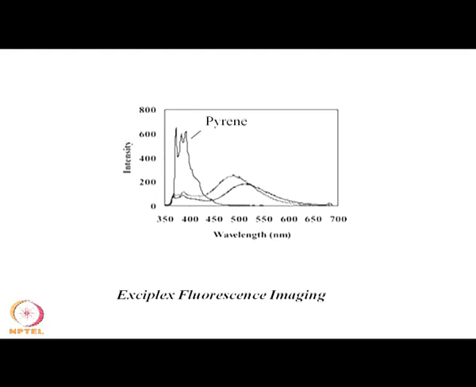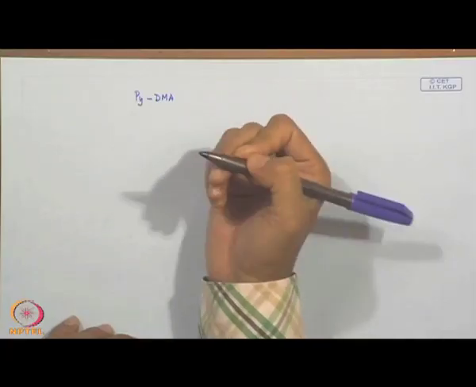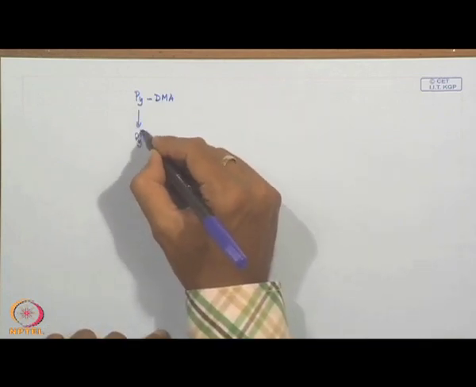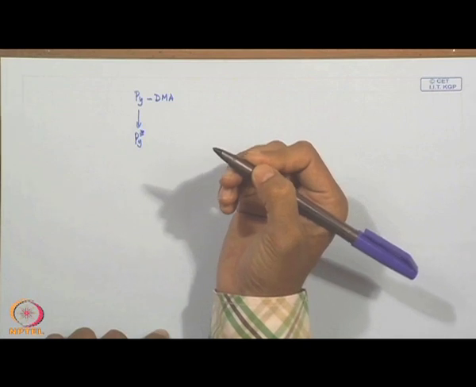In this pyrene DMA case, although pyrene in the ground state is not a good acceptor, the moment you excite it to pyrene star, it acts as a good acceptor.